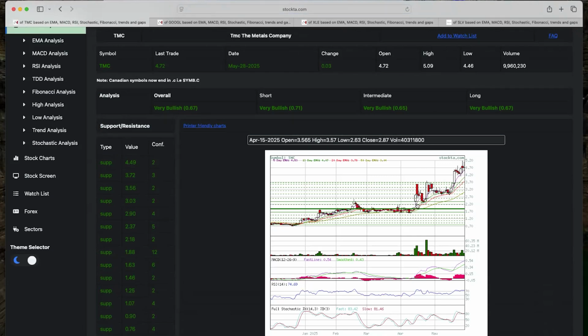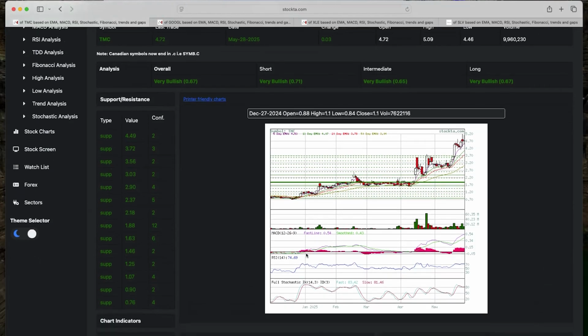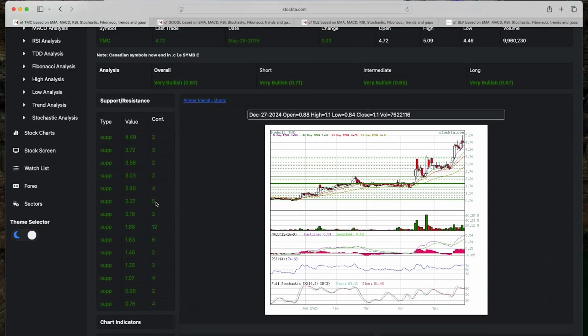So the machine caught the breakout around here. You'd want to be in this early when it flips from neutral to bullish, or when the bullish score is lower, to help ride it up. You don't necessarily want to chase something here, like the RSI is at almost 75.